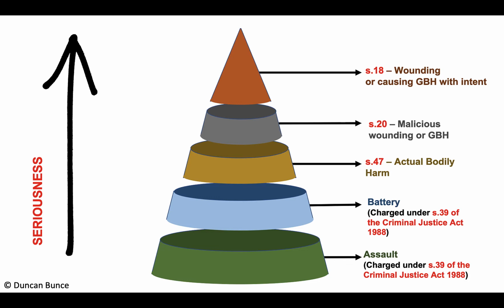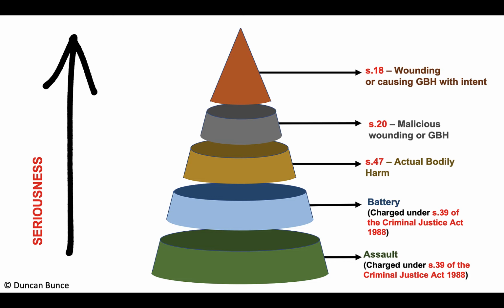Again, the same statute we've been talking about, Offences Against the Person Act 1861, and this deals with wounding or causing GBH with intent. Now, what makes this one the most serious, you may well have spotted, is the mens rea. Whilst section 20, section 47, battery and assault can be committed intentionally or recklessly by the defendant, section 18 can only be committed intentionally.